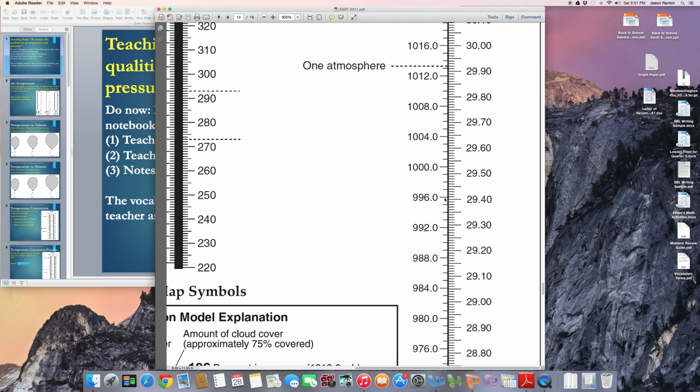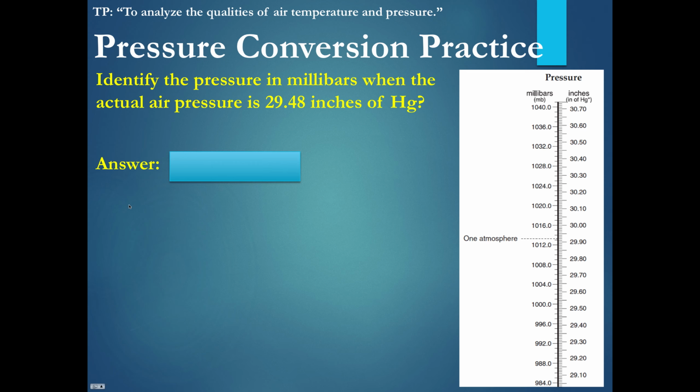So we have 996, next one 997, 998, 999, 1000. So that would fit somewhere between 998 and 999. So a number in the middle can work. So 998.5 millibars can work for this answer.